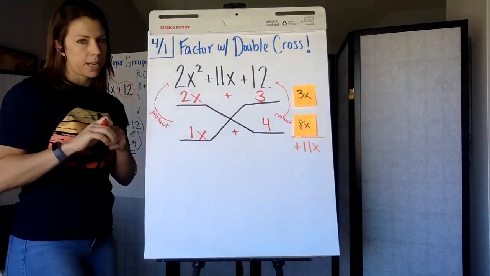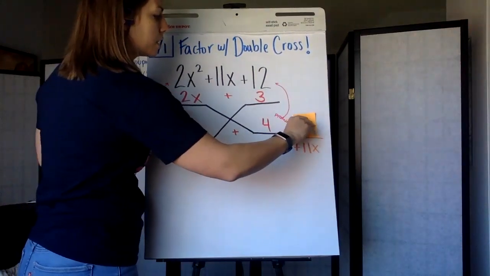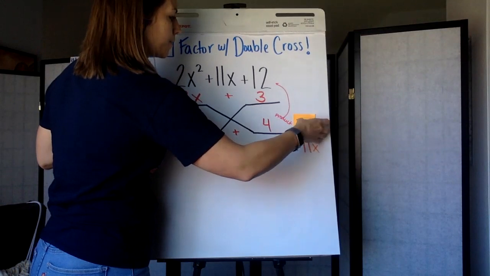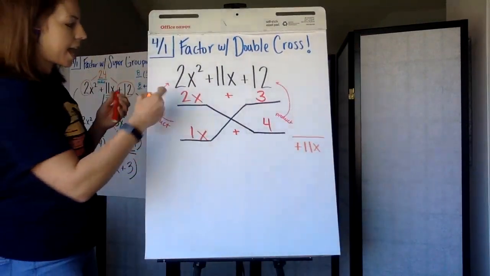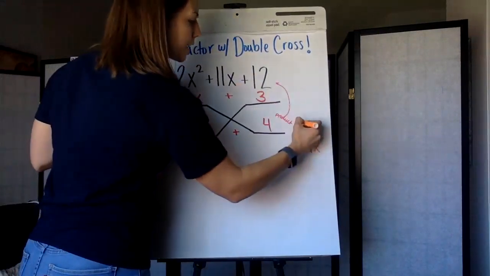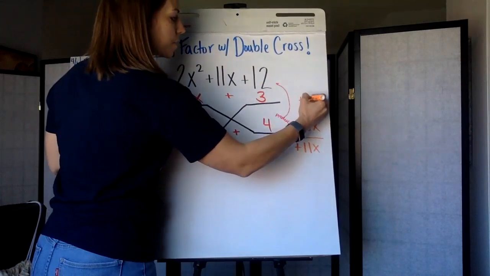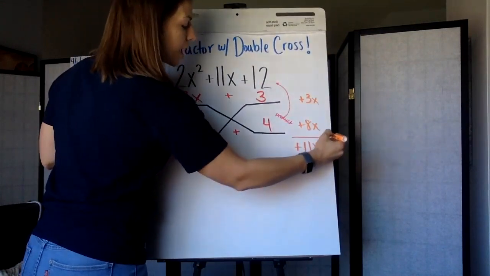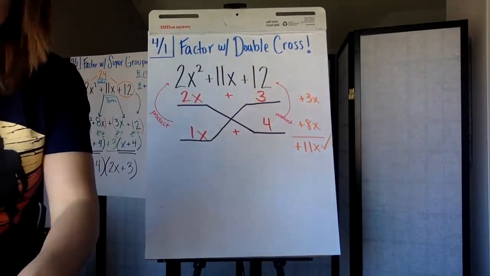There is a reason why I'm putting the sign right there. That produced 2x times 4 is positive 8x, and 1x times 3 was positive 3x, and when we add them together, we got 11x.